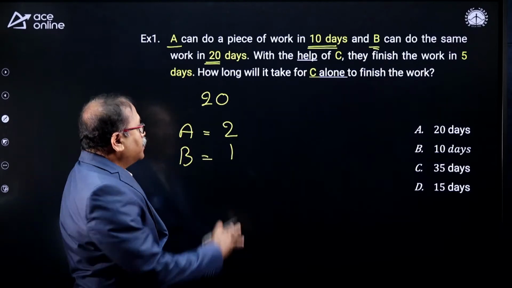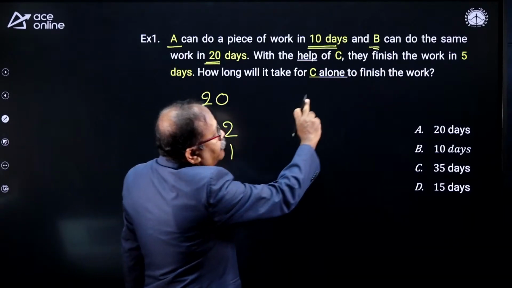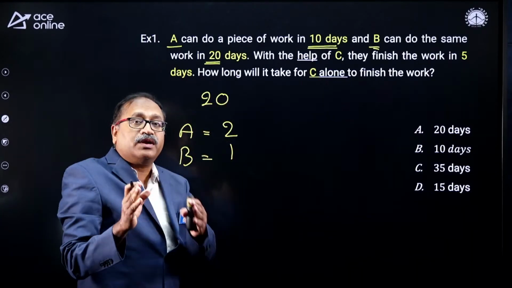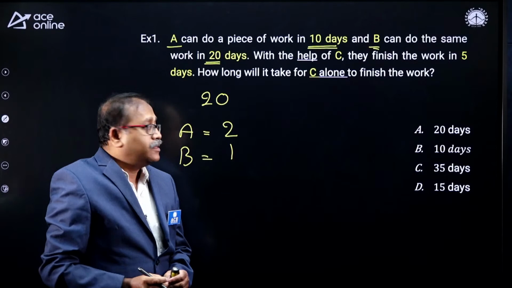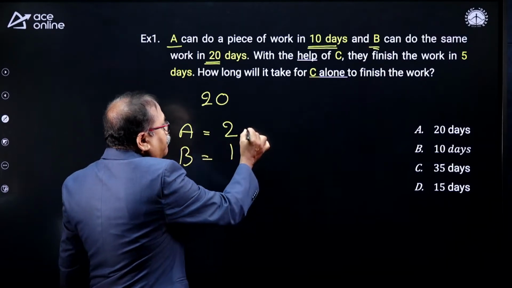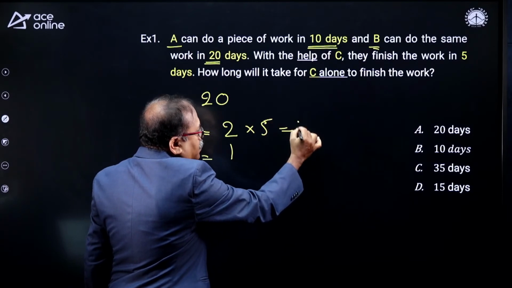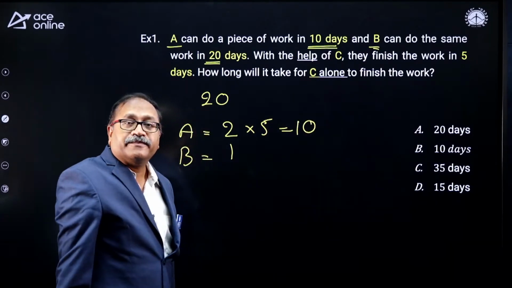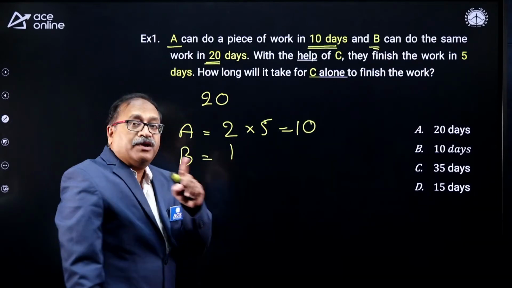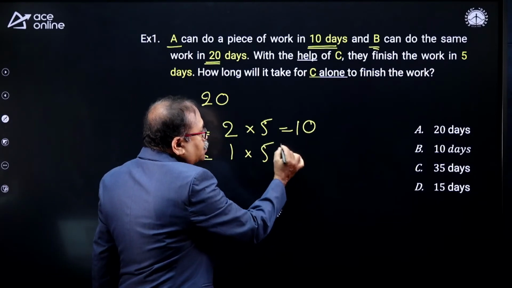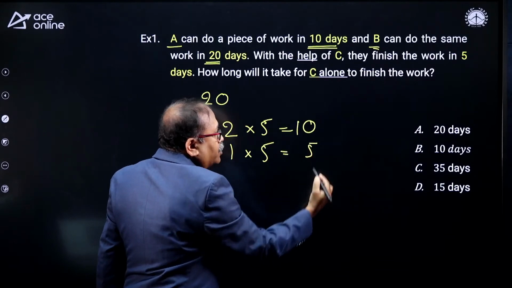Now, with the help of C, they completed the whole work in 5 days. That means A worked for 5 days. How many units will he complete in 5 days? 2 into 5, that is 10 units. And B does 1 unit per day, so in 5 days he will complete 5 units.